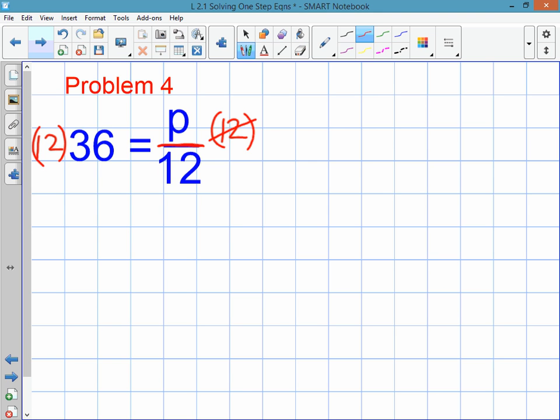So this 12 being multiplied cancels out this 12, which is dividing, and then you multiply 36 times 12, and you get 432. So P equals 432.